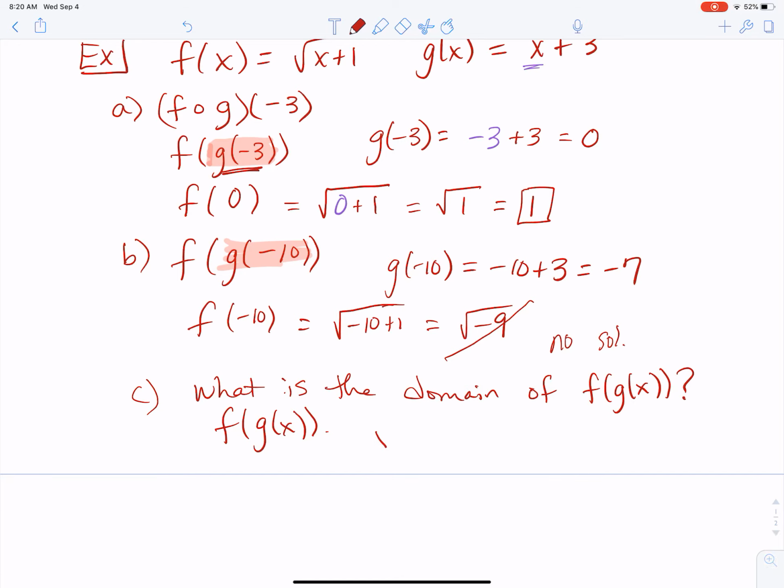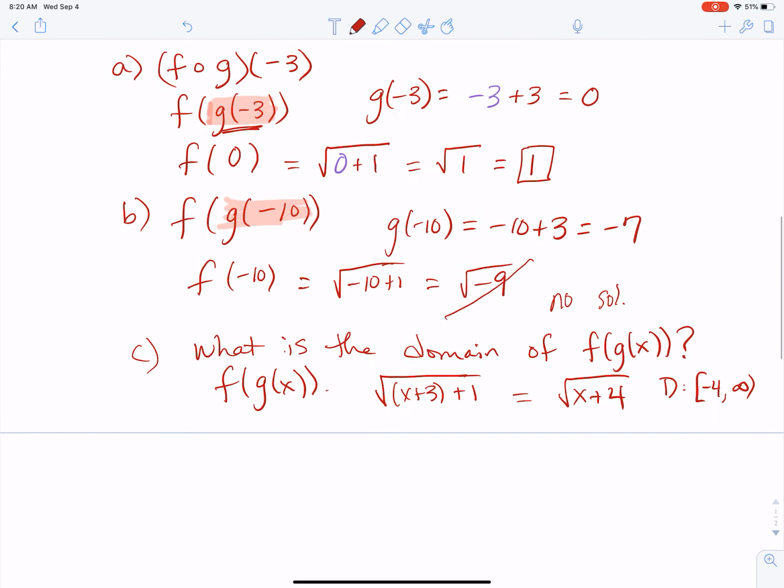Here's g of x, x plus 3, and then the plus 1 from our original f of x, and you would get square root of x plus 4. Then you would graph it and look at that domain, and you would say the domain is -4 to infinity, and that's lovely.